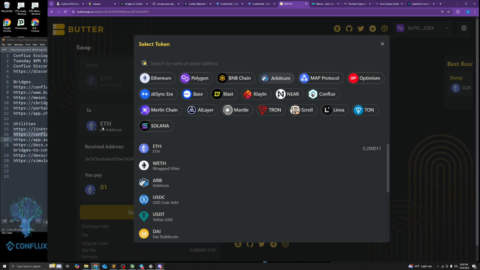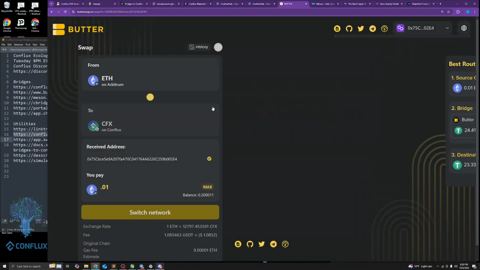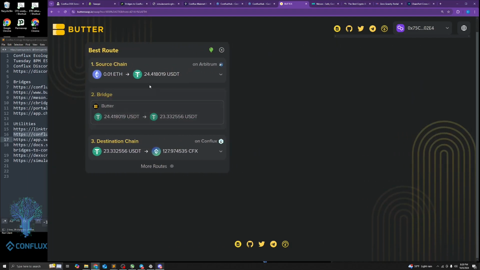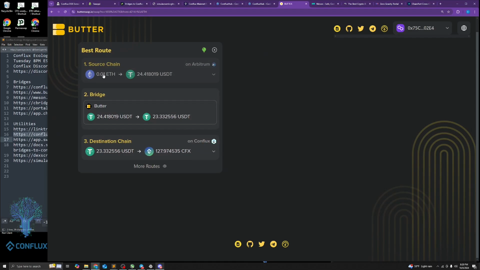Going ETH Arbitrum to Conflux CFX. And now I'm not going to switch yet, but when we execute this, this is what will happen.